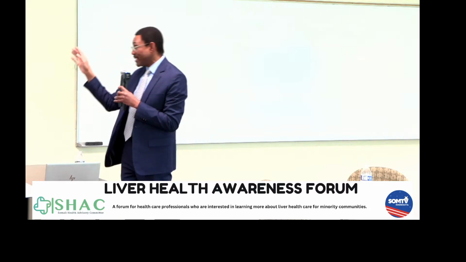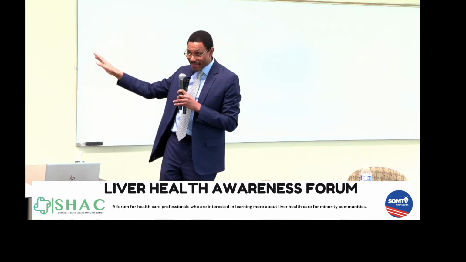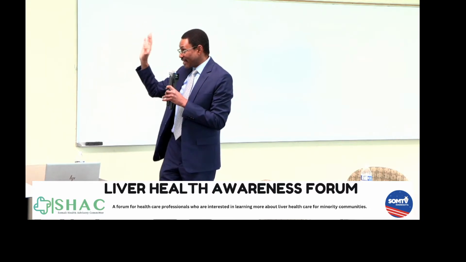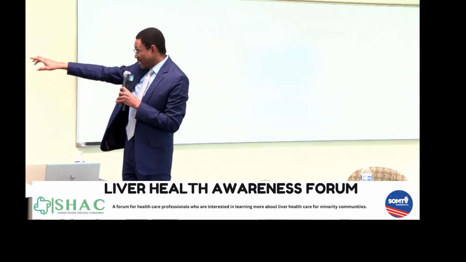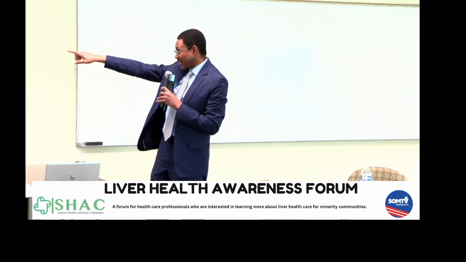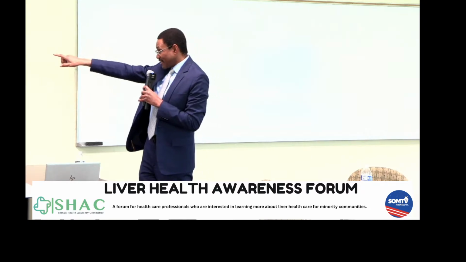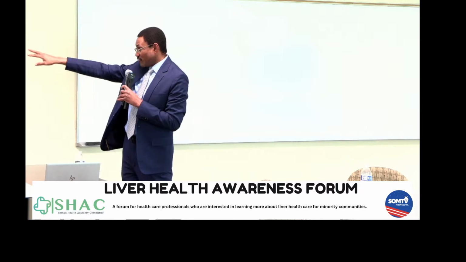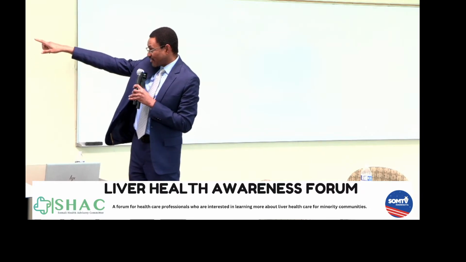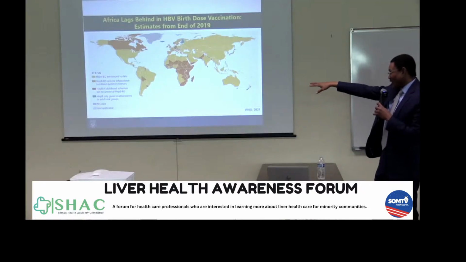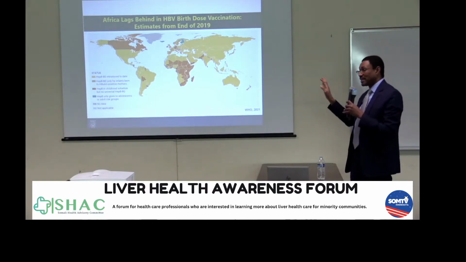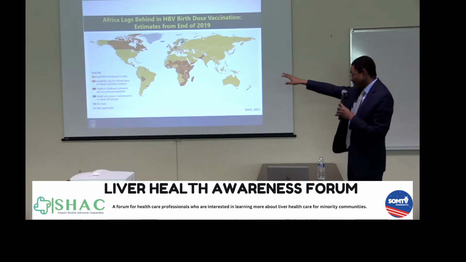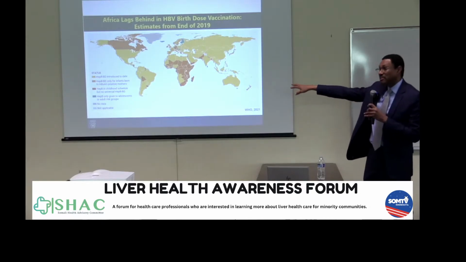I'm going to make the point about vaccination. We mentioned this before. Vaccination is important, and you can see that in many places in sub-Saharan Africa, there is no universal birth dose. The orange shows places where no birth dose vaccine for hepatitis B is being given, so the majority of the countries in sub-Saharan Africa.